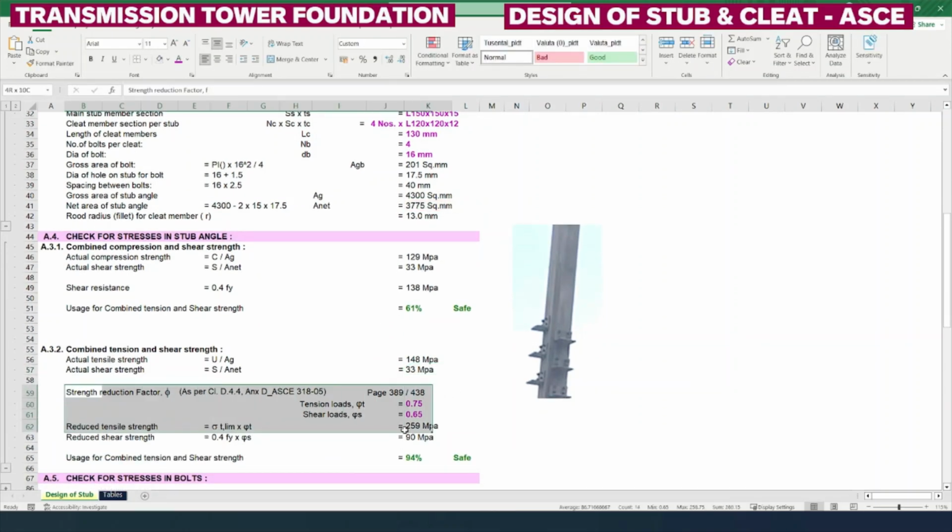And in this, we need to consider the strength reduction factor as per Class D4 of Annex D, ASCE 318-05. For that, page number 389 is to be referred.